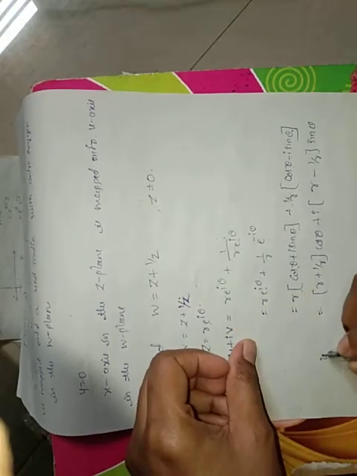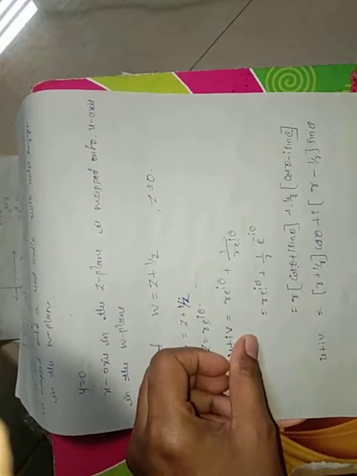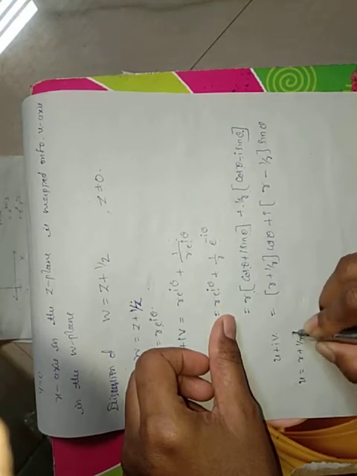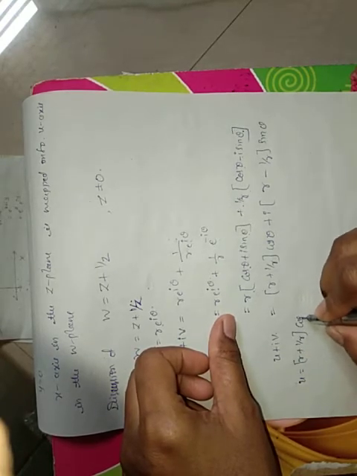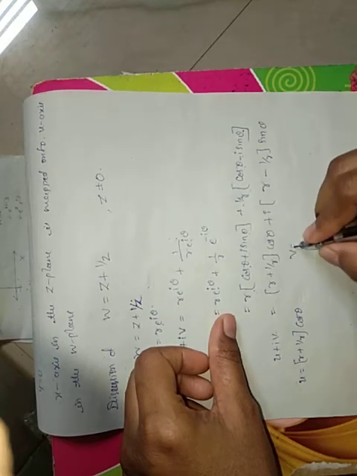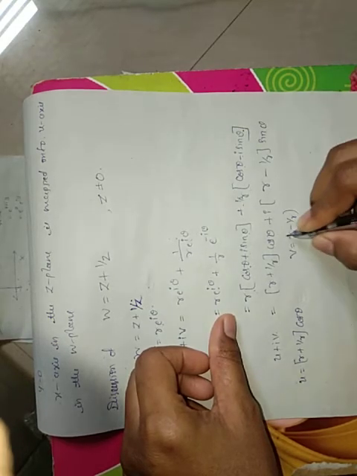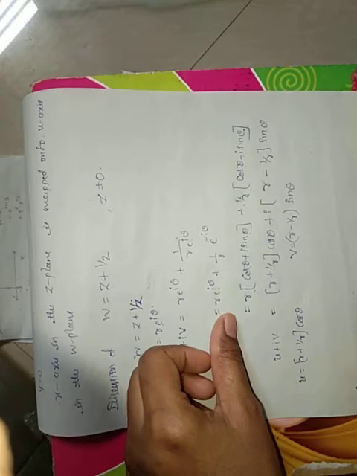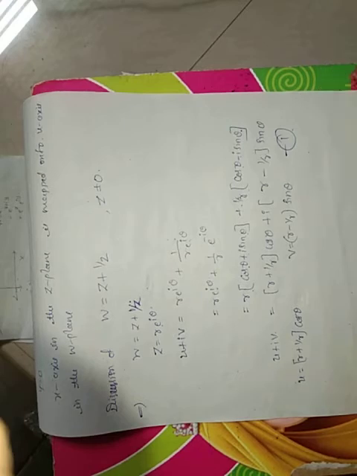Now we compare it with u plus iv, so that our real part u is equal to r plus 1 by r into cos theta, and v is equal to r minus 1 by r into sin theta. Now we have to eliminate r and theta. Call these two equation 1.